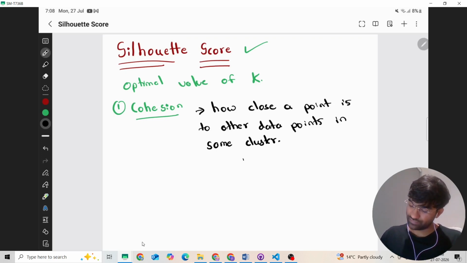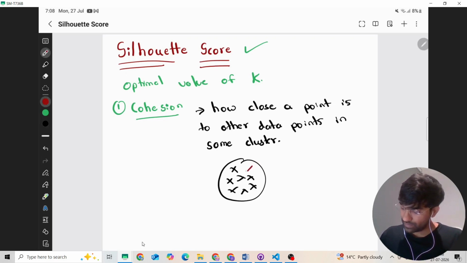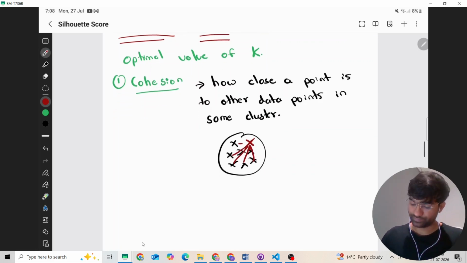That is, if we have a cluster with these data points, and this is the data point we are considering, it will measure the distance with all the data points to find how close it is. That's it, cohesion.